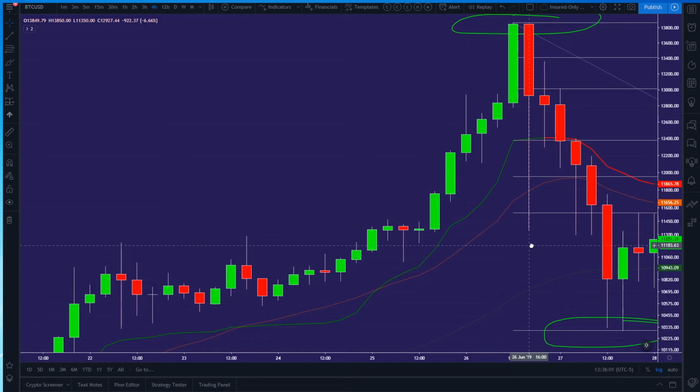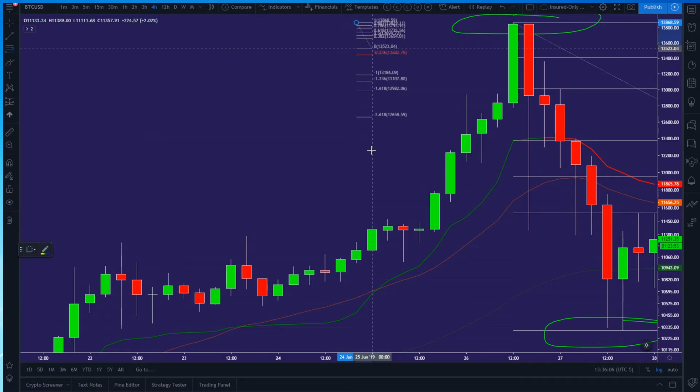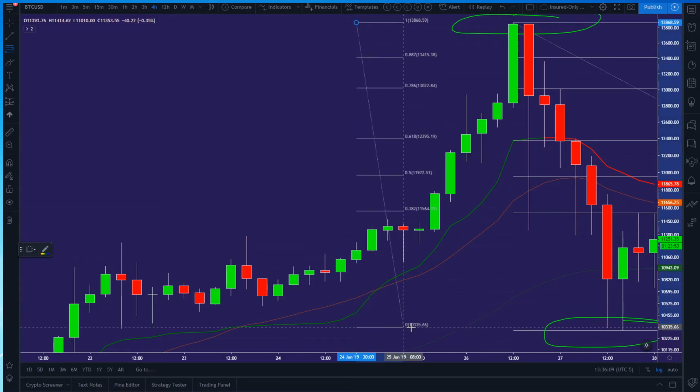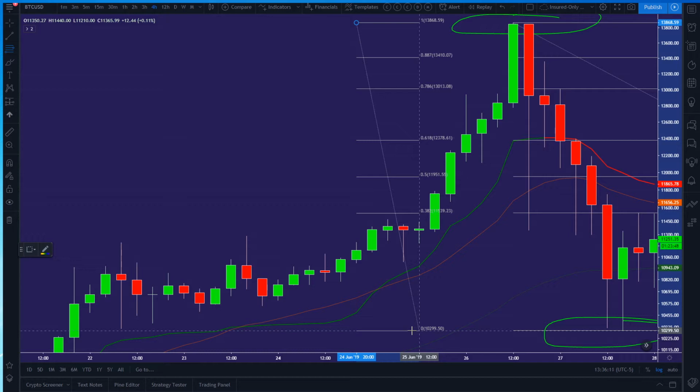If I'm going to be using this tool, and I'm going to pull it off to the side so you can see this here, again, starting there at the top and working my way down to the bottom, if this is going to go through a corrective cycle, this should stop at either the 50% or at the 618. So I'm going to be looking for a move up to either 11,950 or 12,380.